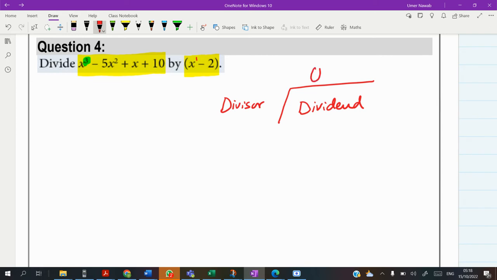And the thing which is seen over here, that is called the quotient. And at the end, the remaining one is called the remainder. Keep it in your mind, your remainder's degree is 1 degree less than the divisor. At that time, you need to stop.